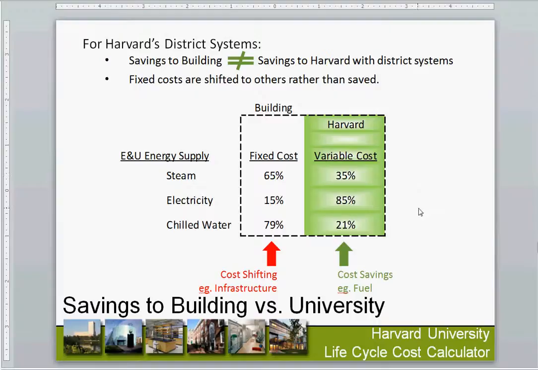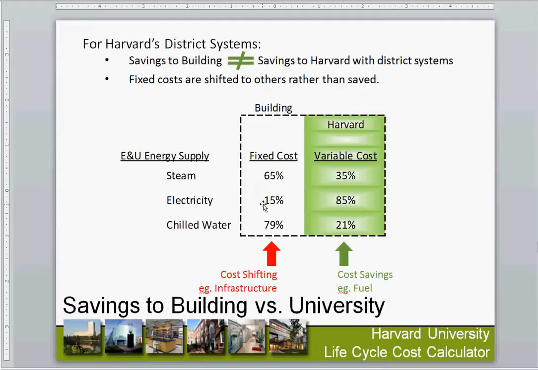If we have 1,000 units of energy that we expect to sell, we divide those costs together and create a per unit rate that includes both of these costs. A little complex, I understand, but suffice to say, Harvard is not saving.